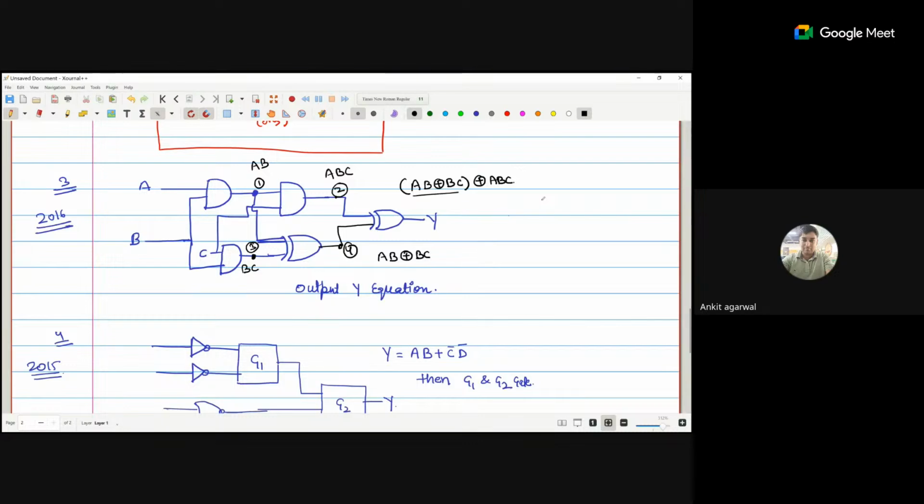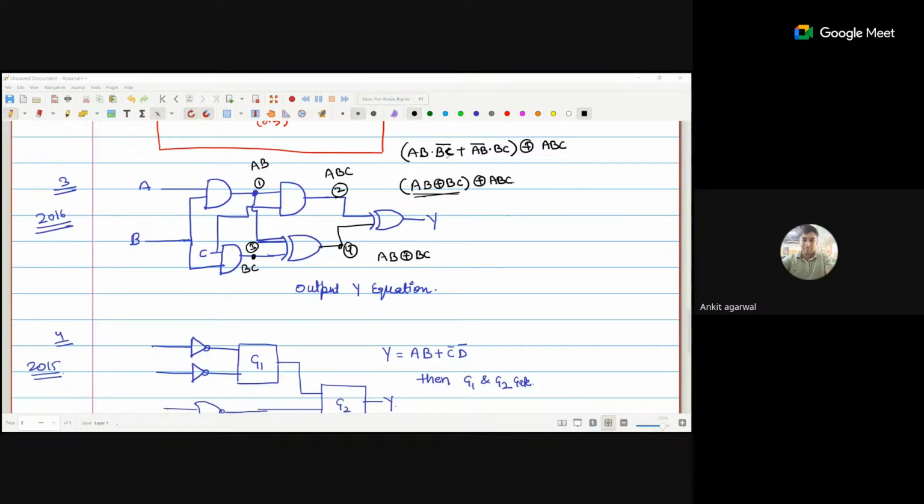Okay, so first of all, I solve this one. So it is AB dot BC bar plus AB bar BC, XORing with ABC.